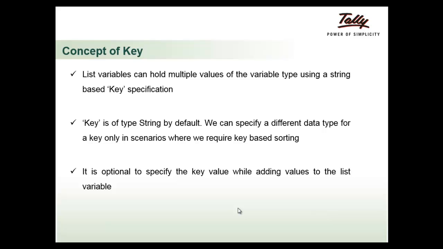How these instances can be added to the list variable is with the help of key specification. So there is a concept of key. Using the concept of key, you can give a key to each instance and add these elements to the list variable. By default, this key is a string type, which can be overridden if you want it for the use of sorting. And this is optional.